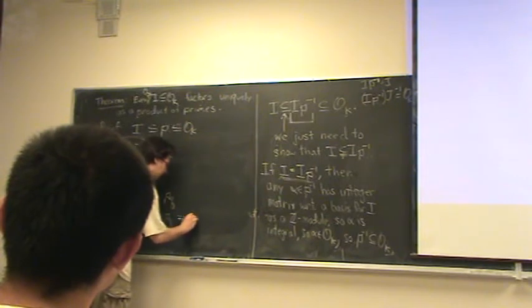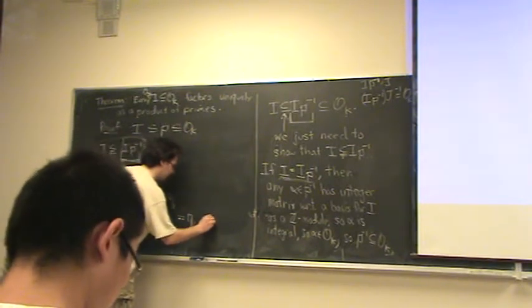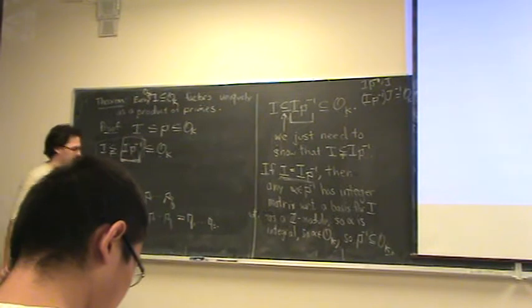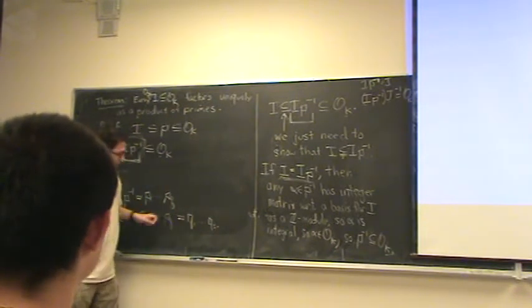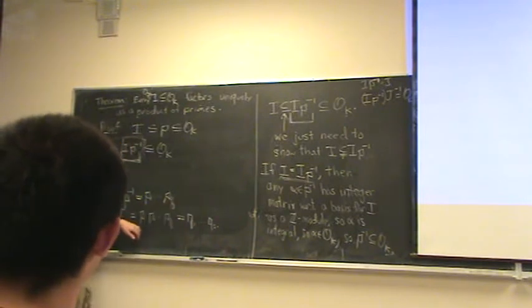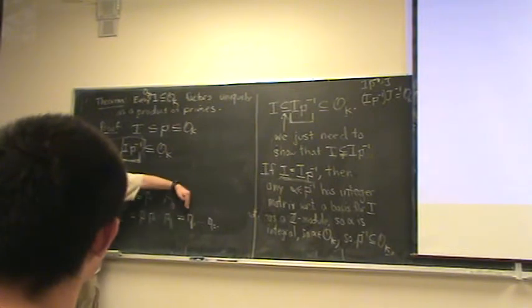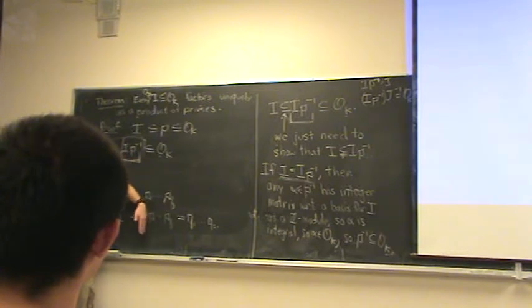Suppose we can write this as Q1 dot dot dot QS, a different representation. Now all I have to do is show that at least one of the primes matches up, and then I can cancel from both sides and repeat, and at the end of the day we'll end up with the unit ideal equals a product of primes. A product of primes is contained in any one of those primes, which would be a contradiction, so it has to be an empty product.